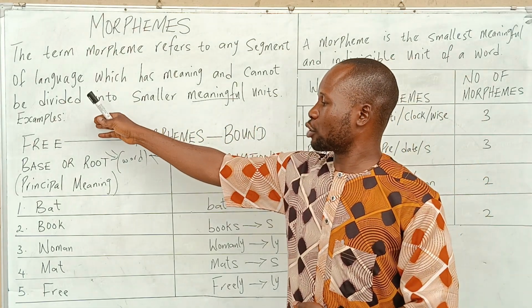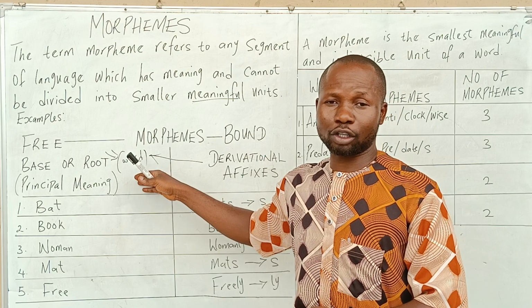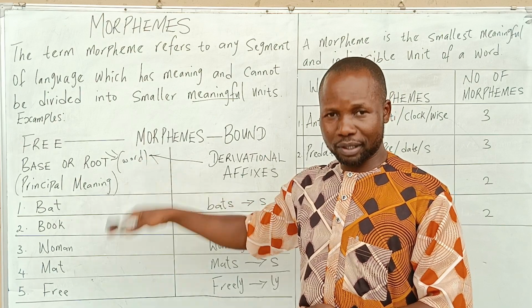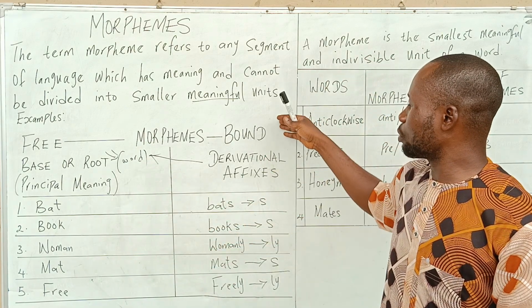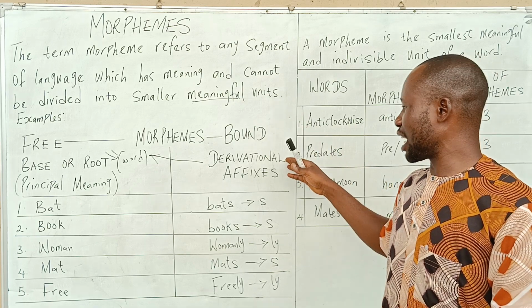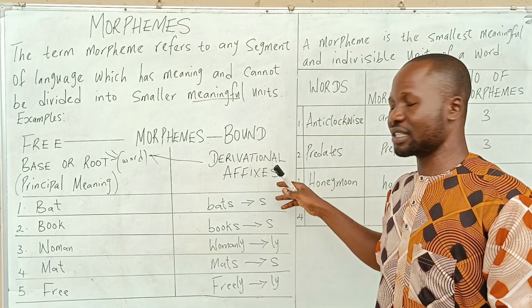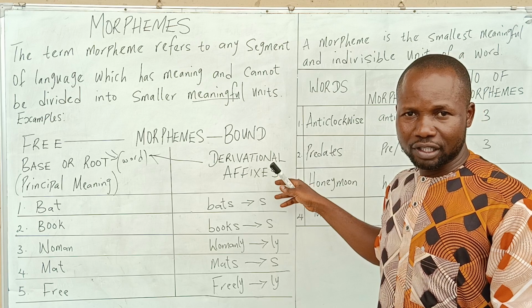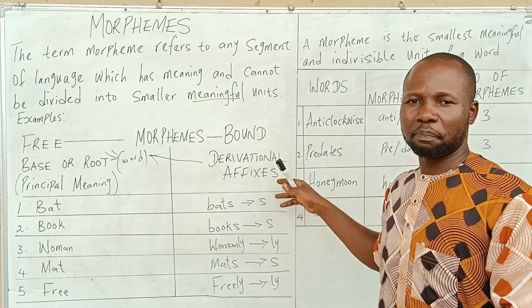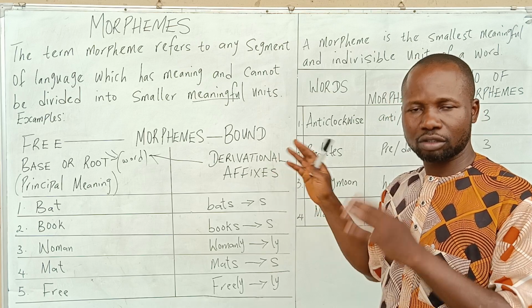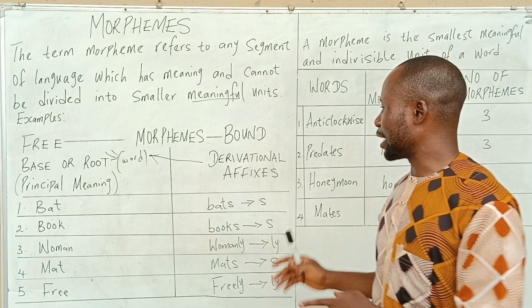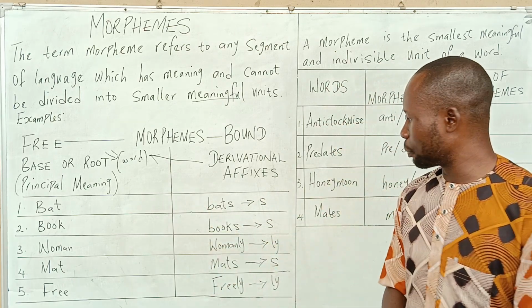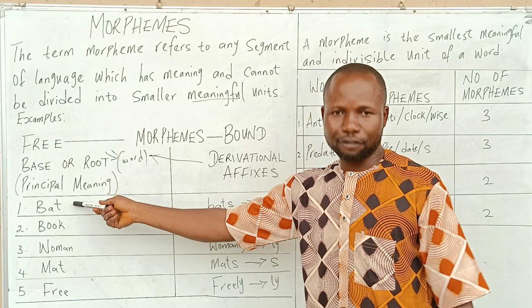Free morphemes gave birth to content words or principal words. And bound morphemes gave birth to derivational morphemes, affixes, infix, suffix, prefix, and so on. It ends there. Now let's quickly round up this example. We have bat here under free morpheme.